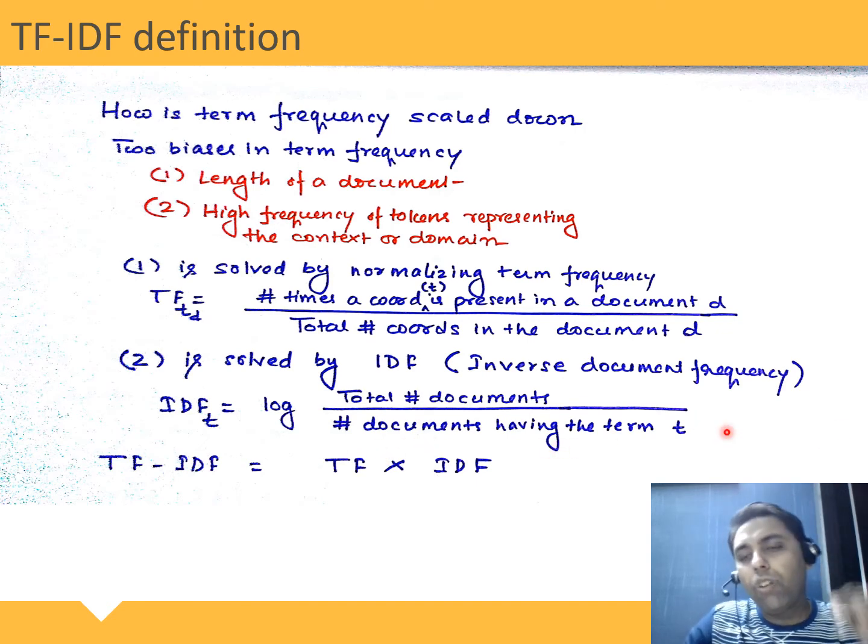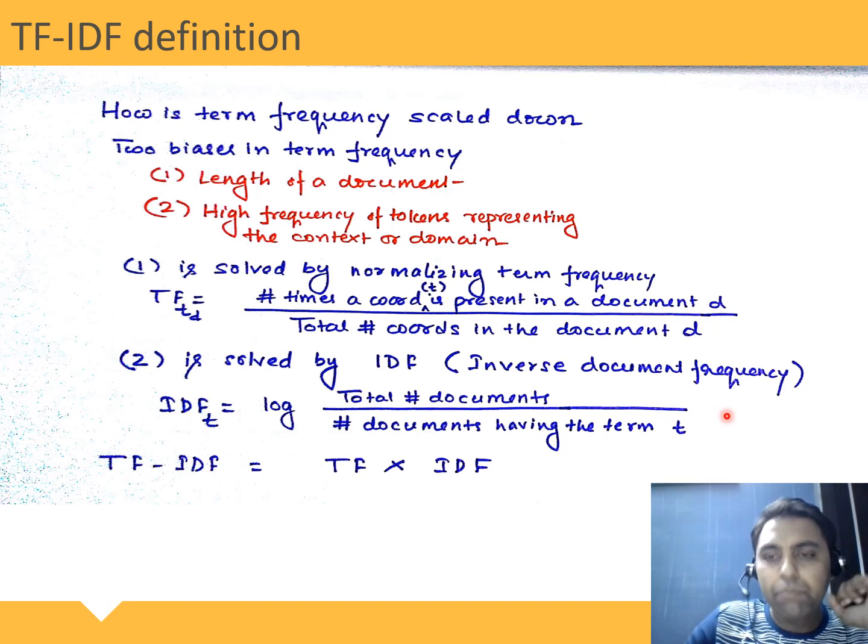So if you're talking of an individual term, the inverse document frequency of that term will be the logarithm of a quantity, and the quantity has in the numerator the total number of documents, and in the denominator the number of documents which actually have that word.